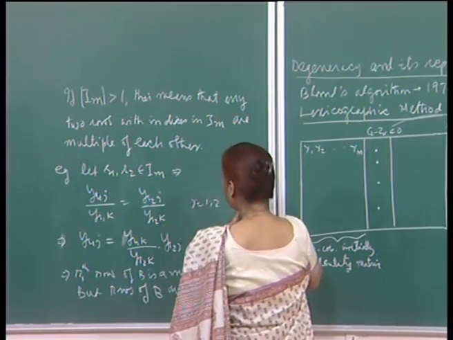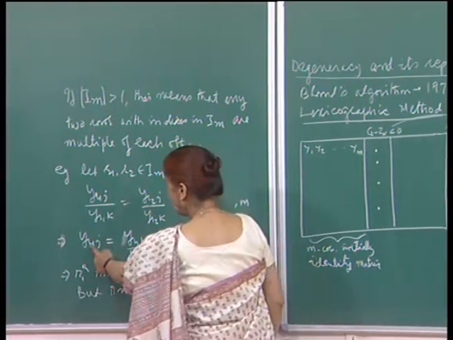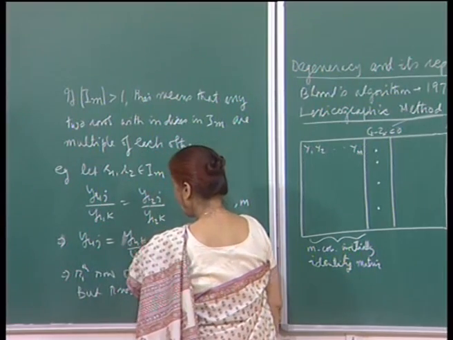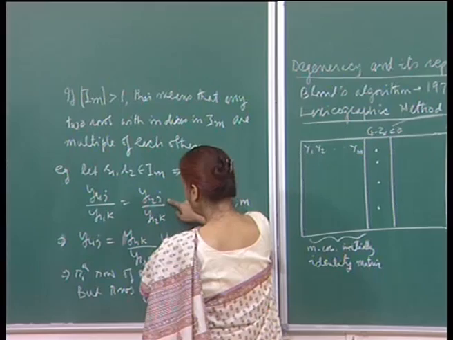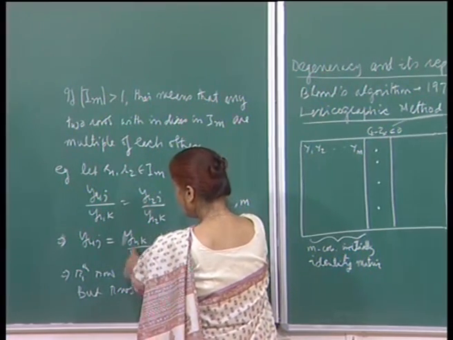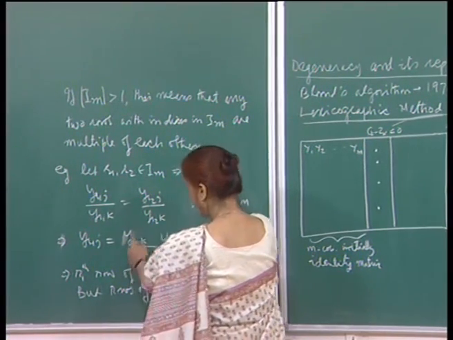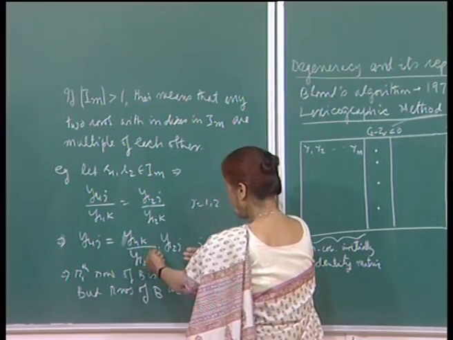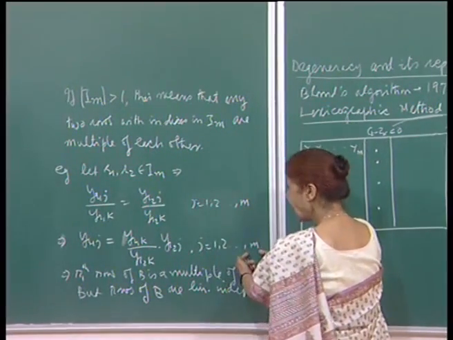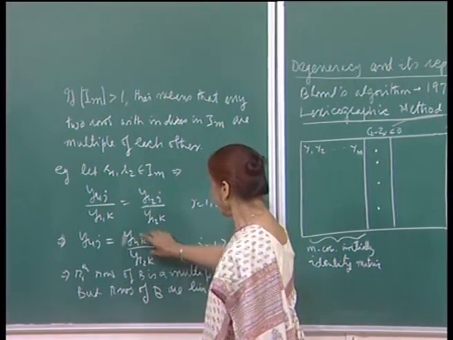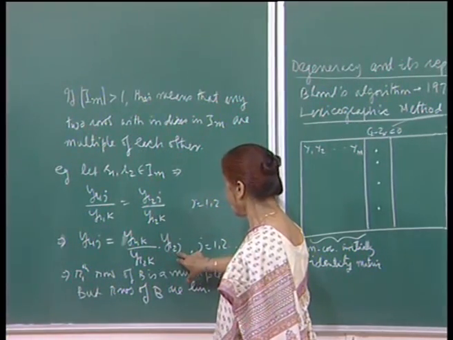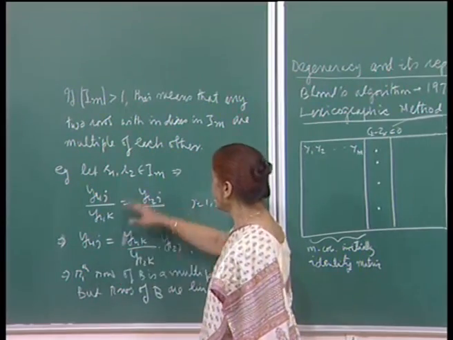So then, j varying from 1 to m, which would imply that yr1j is yr1k upon yr2k times yr2j, right, because these numbers are non-zeros, remember, positives. So therefore this is true for j varying from 1 to m, which means that the r1th row is a multiple of the r2th row, and these two rows are the rows of B.